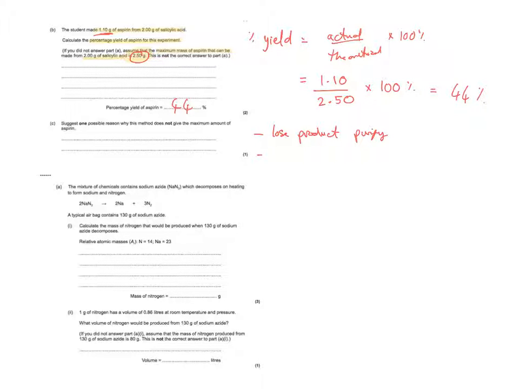There may be an unwanted side reaction, which may make a different product, and the reaction may not have gone to completion. Out of these three, the most likely for this reaction would be we'd probably lose some product. Maybe some of the aspirin is still left in some of the beakers or equipment that we used.